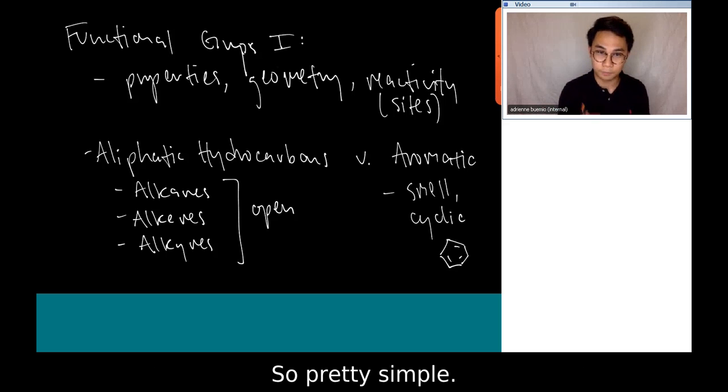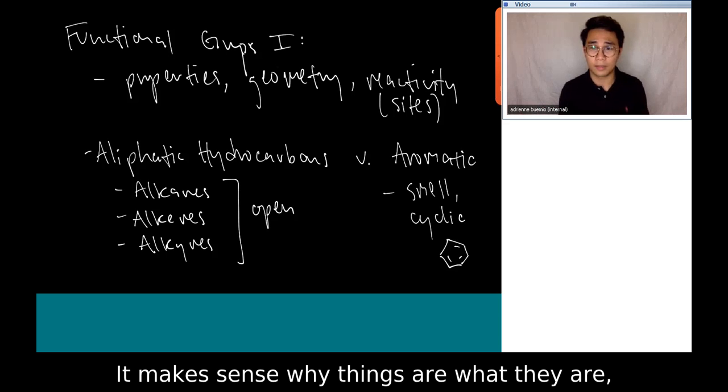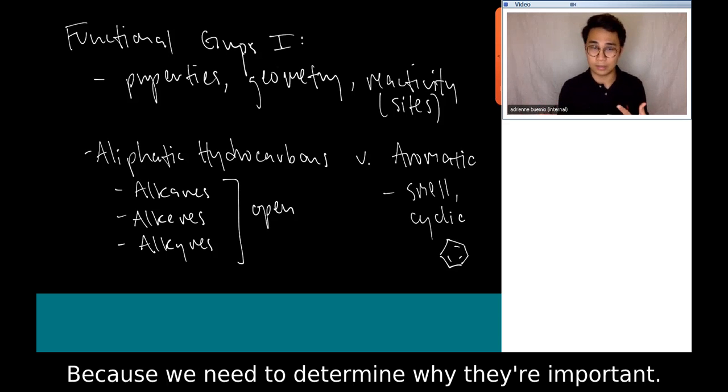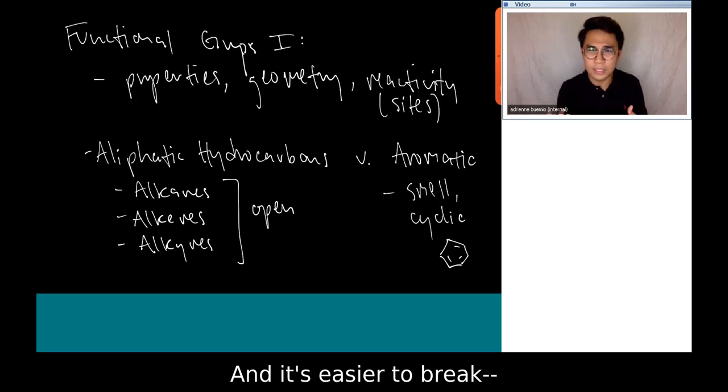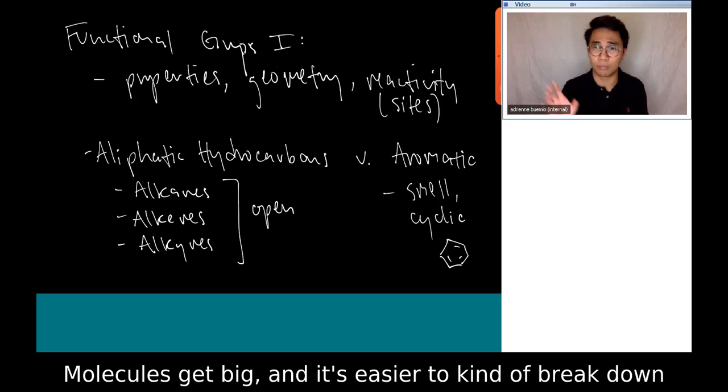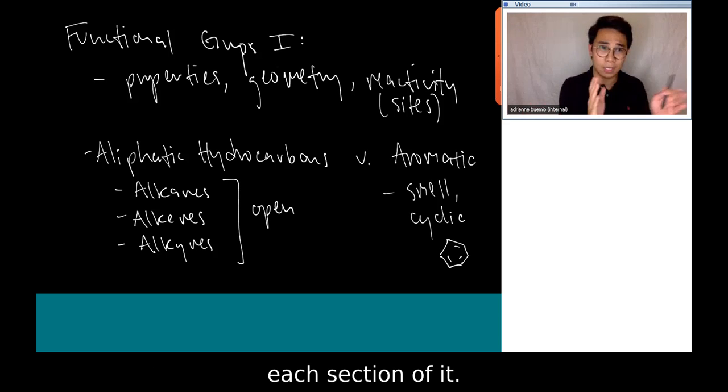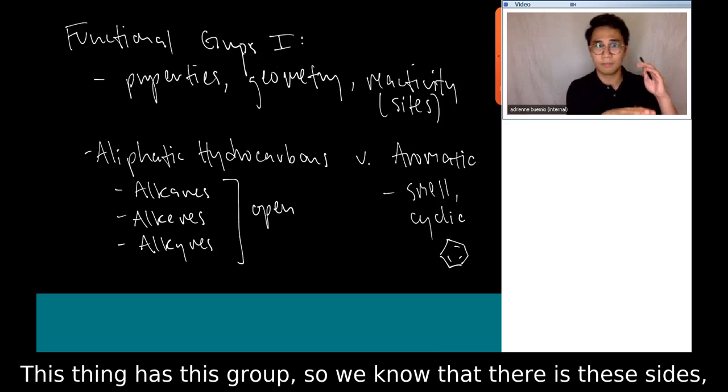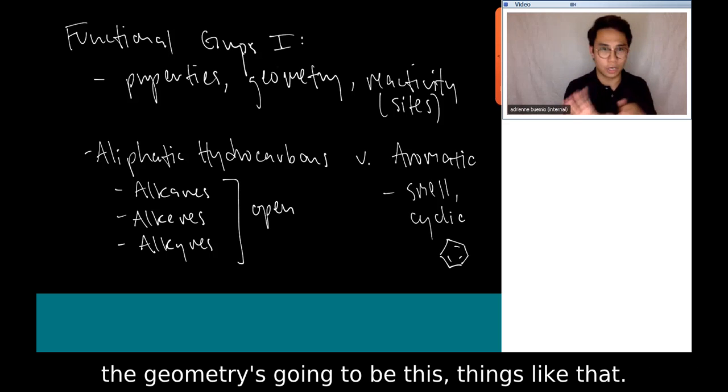Okay, so pretty simple. It makes sense why things are what they are, why functional groups exist, because we need to determine why they're important. And it's easier, especially as molecules get big, to break down each section of it. This thing has this group, so we know that there are these sites. The geometry is going to be this, things like that.